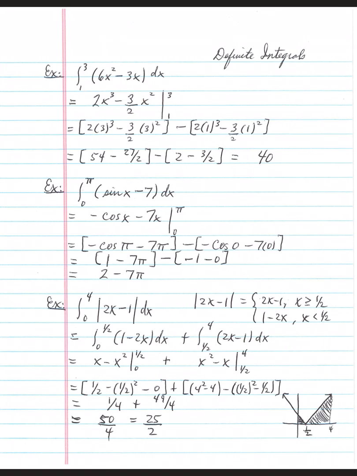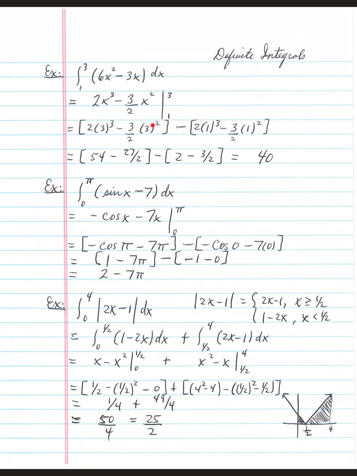Now, with lower and upper limits, you want to substitute these in using the fundamental theorem of calculus. Your antiderivative with the top number subbed in, minus the antiderivative with your bottom number subbed in.